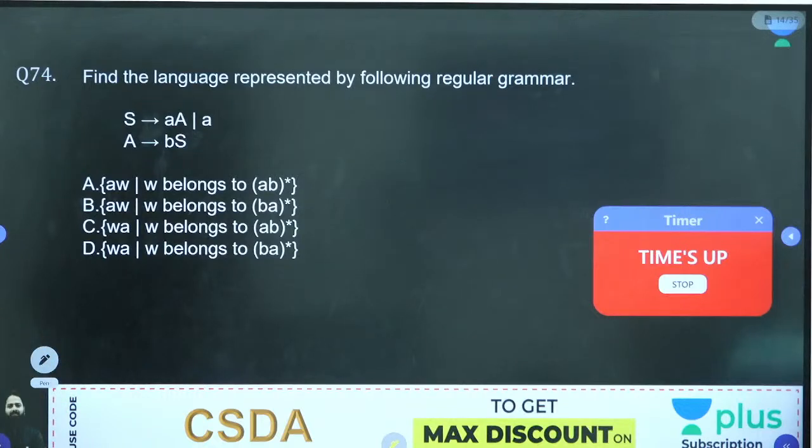Hello, hello, hello. I'm sorry. There's an issue. Hello. Find the language represented by the following regular grammar. Any issue with the audio right now?